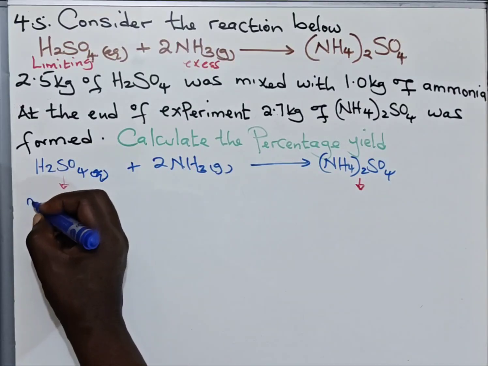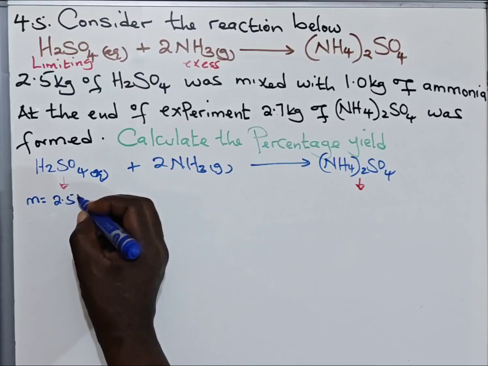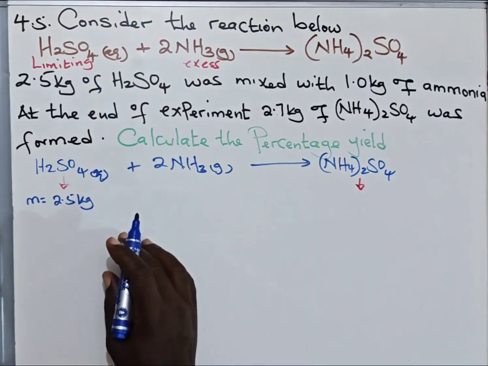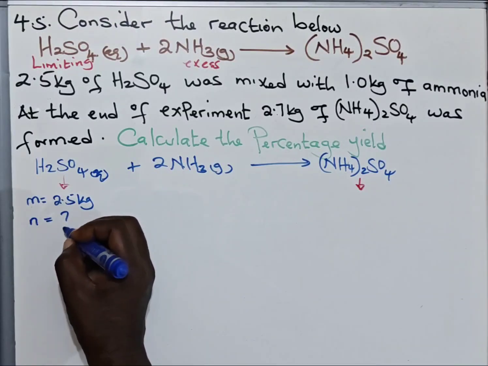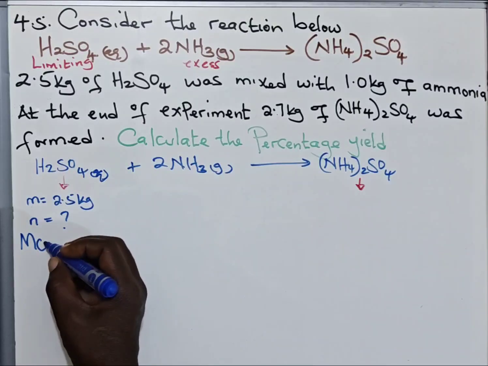We know the mass, which is 2.5 kilograms, and we are going to calculate the number of moles. So we are going to need the molar mass of sulfuric acid.